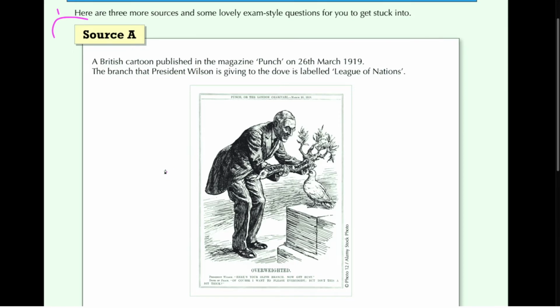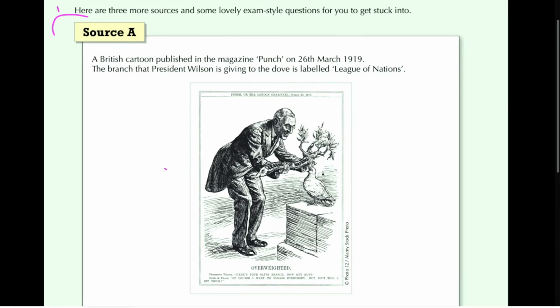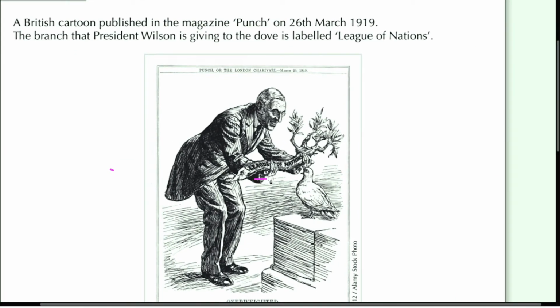A British cartoon published in the magazine Punch on 26th March 1919. The branch that President Wilson is giving to the Dove is labeled League of Nations. Okay, so analyze that, and we know that it's League of Nations because it's written here. You can check that in your book.